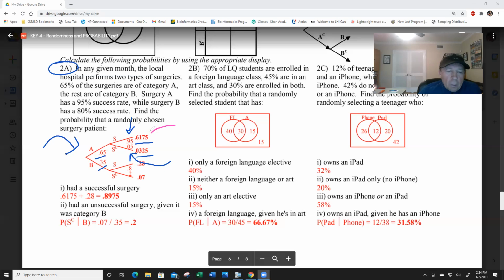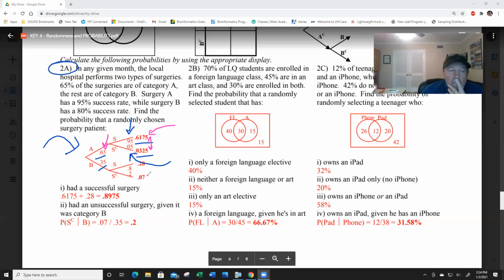This one is the probability of you doing surgery A and it being successful. This is doing surgery A and not being successful. Notice these two numbers add up to 65%. All we're doing is dividing 65% into 2 categories, successful and not successful.